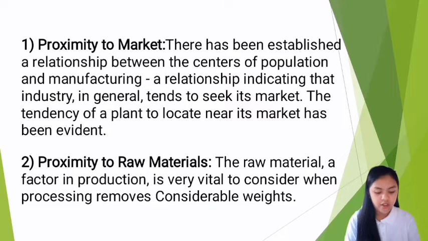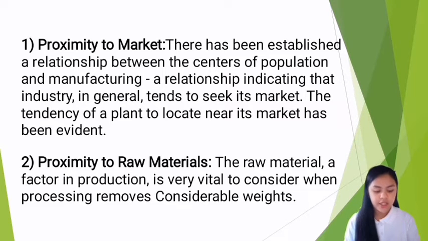The raw material, a factor in production, is very vital to consider when processing removes considerable weight. For example, it is much cheaper to manufacture cement at a place where raw materials are. Thus, our cement plants are in Cebu, La Union, Bulacan, and Rizal, very near to the limestone mines where the raw materials come from.